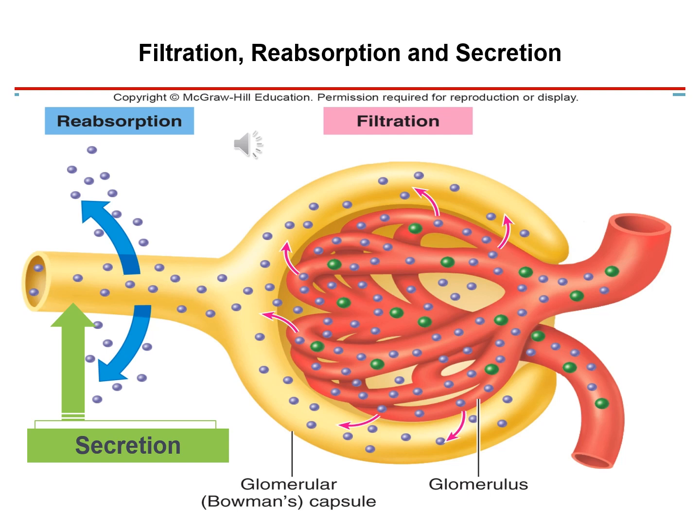So, be familiar with the three basic physiological movements that take place in the nephrons. The first one is filtration. Filtration is driven by hydrostatic pressure, when all the possible molecules are filtrated from the glomerulus into the capsule.